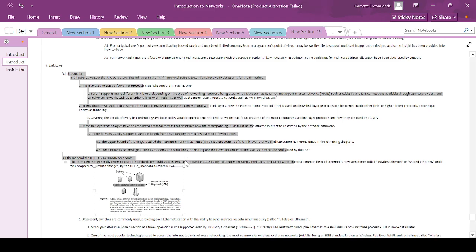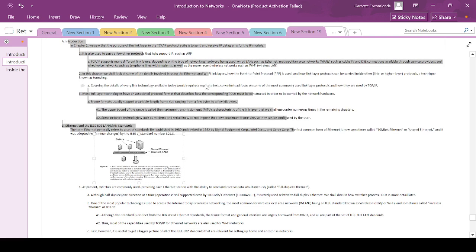TCP/IP supports many different link layers, depending on the type of networking hardware being used.